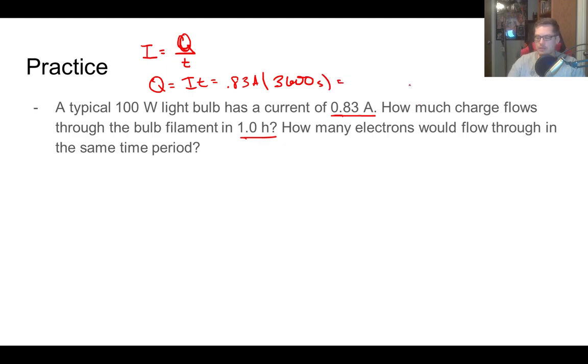So 0.83 times 3600, and with 2 sig figs we get 3.0 times 10 to the third. This is charge, so the unit is coulombs.